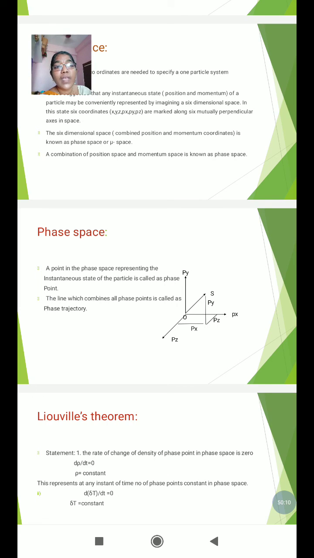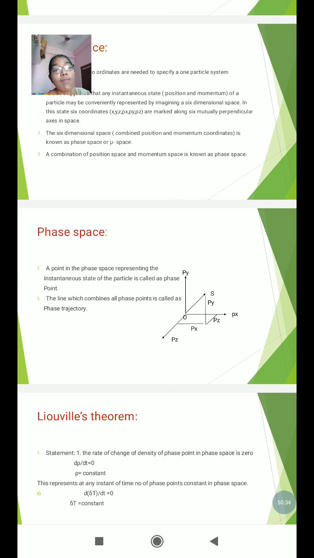What is meant by phase point? Phase point is a point in the phase space which represents the instantaneous state of the particle: its present position and present momentum represented with one point. That point is called a phase point.